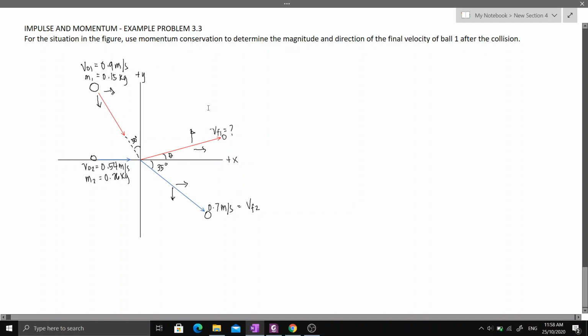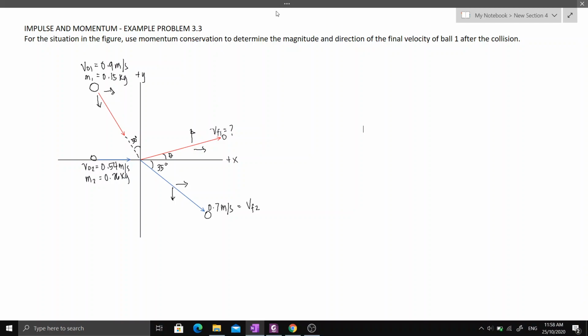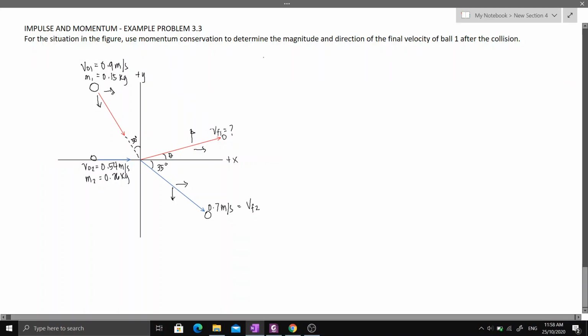So in order to solve this, we will use the principle of conservation of linear momentum, and we have to divide this into components. First, let us consider the x component.